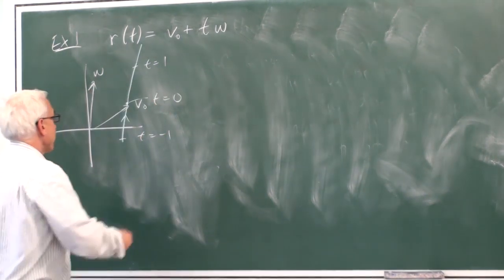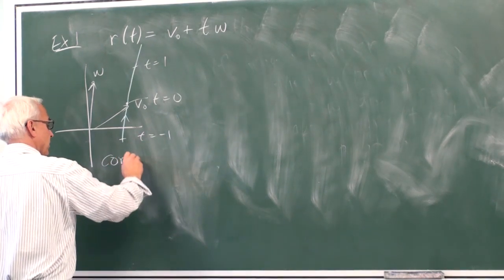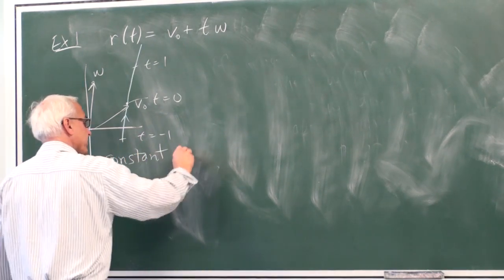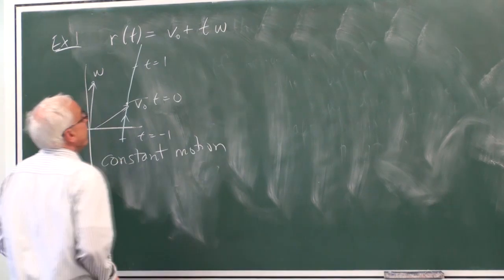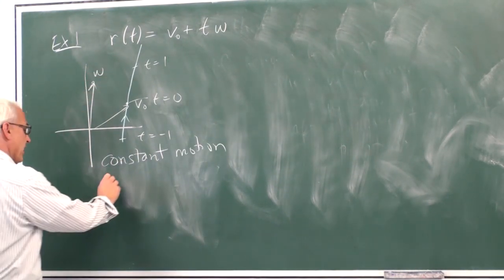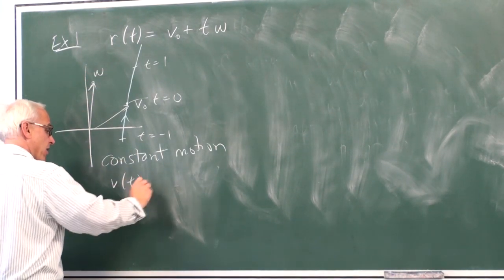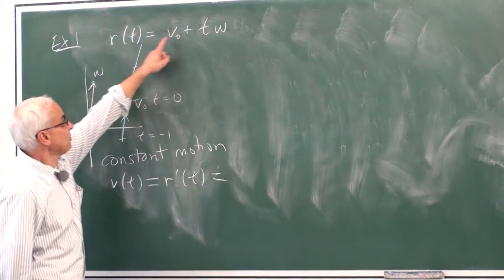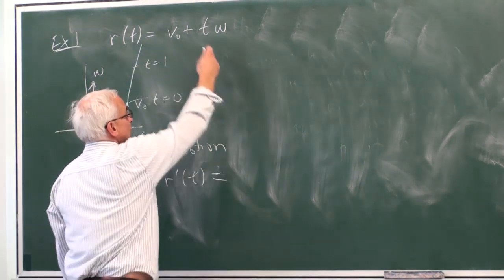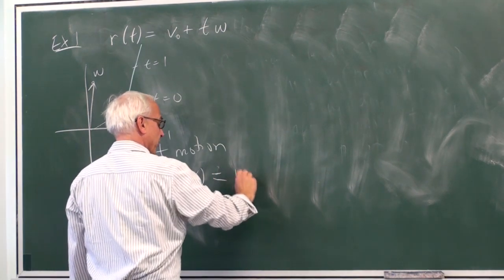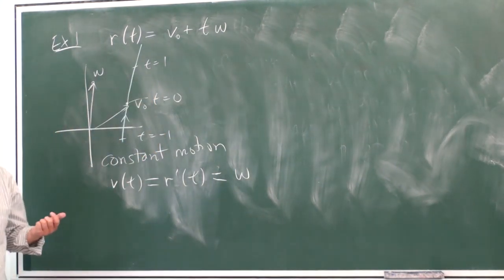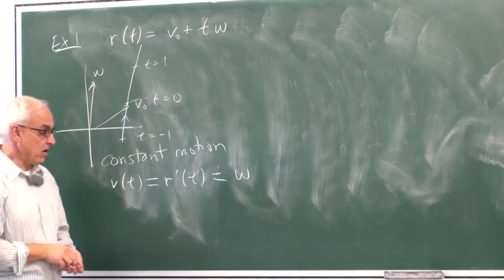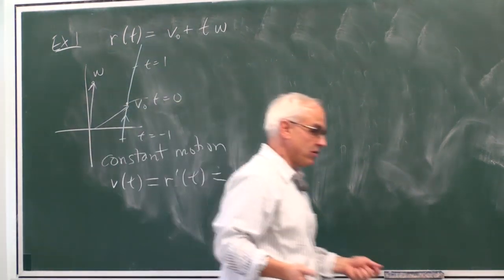And we can find its velocity simply enough. V of t is just r prime of t. We can just do this differentiation because there's only a t dependence there, so the derivative is just w, which means that the velocity at every point is the vector w.